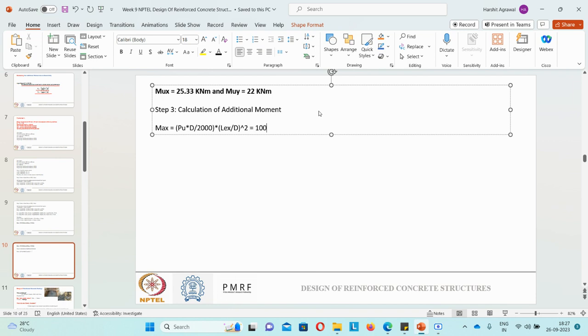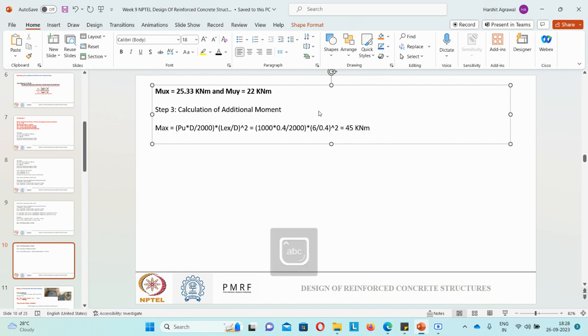If I substitute the values, it is 1000 times b, which is 0.4, divided by 2000, into 6 divided by 0.4 squared. Upon doing the calculation, you will get a value of 45 kilonewton meter. So this is the additional moment along the x direction.